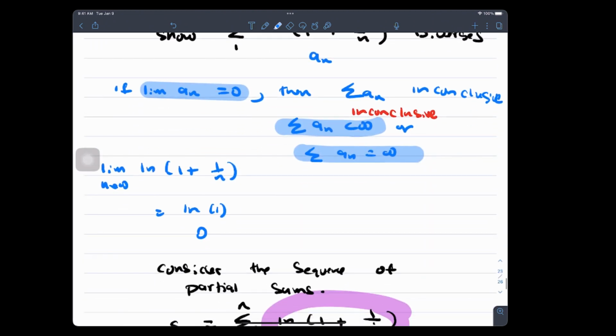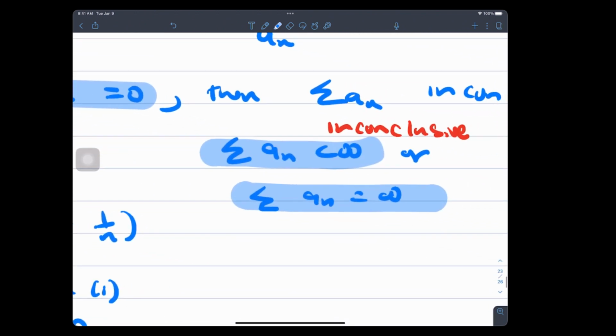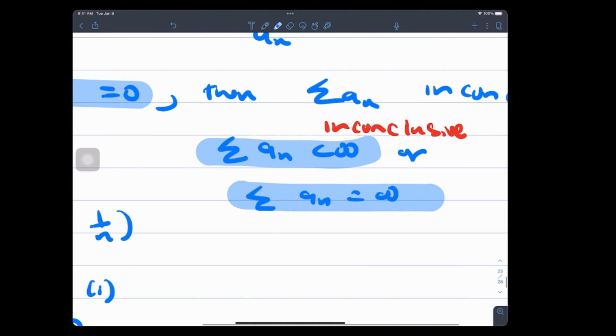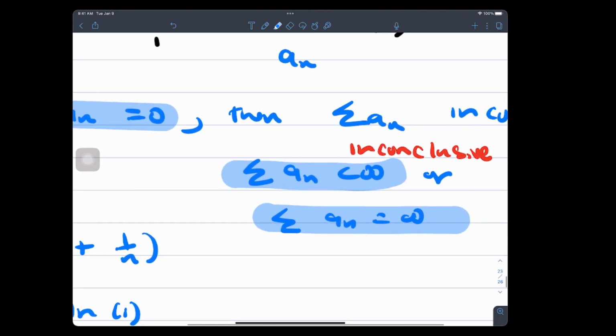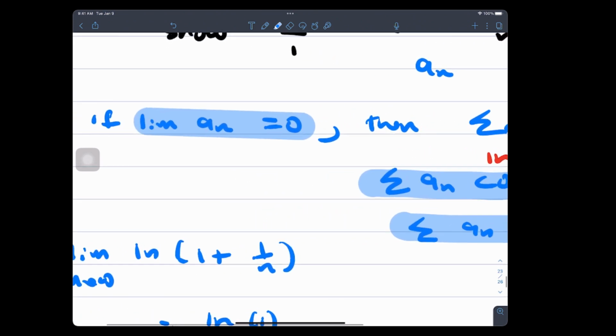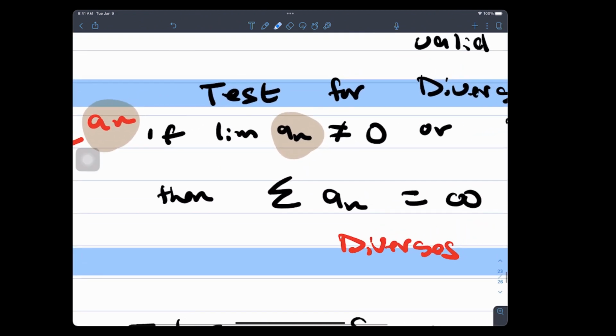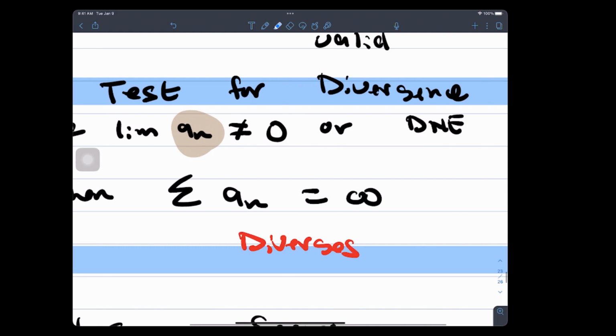But if the limit of an is 0, we cannot guarantee convergence or divergence. There's no guarantee. Let me say that again. If the limit of an is 0, there's no guarantee about convergence or divergence. We've seen 2 examples there already. We can only guarantee divergence if the limit is not 0 or does not exist.